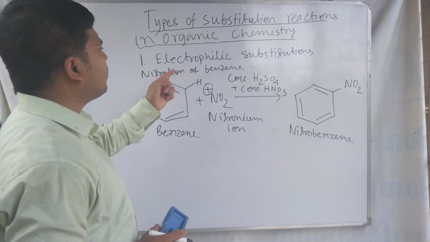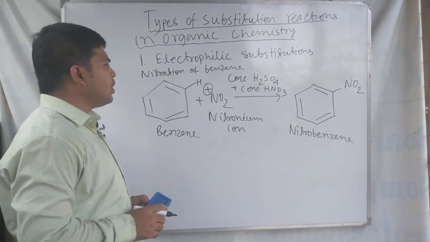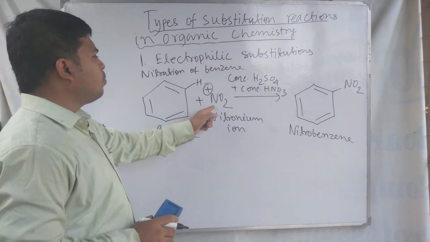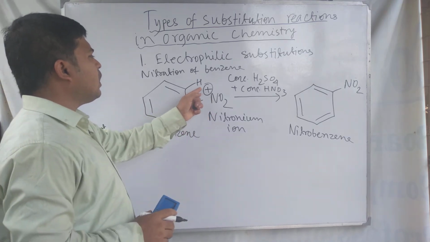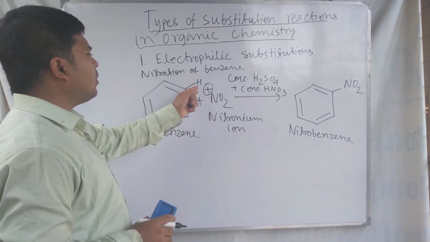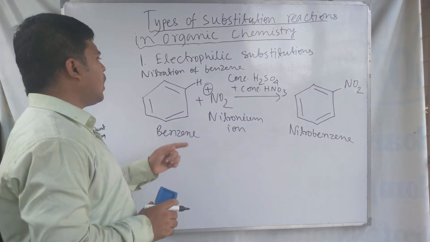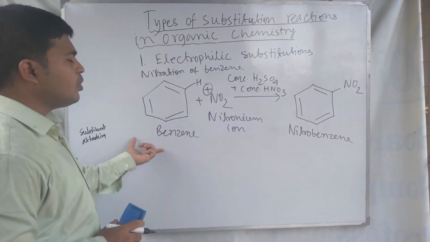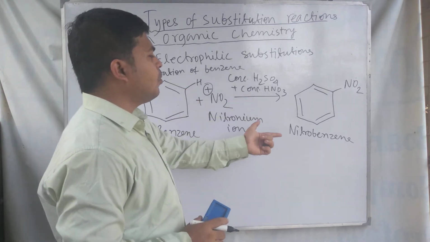Here electrophilic substitution is occurring because NO2 plus is an electrophile, and the electrophile substitutes the hydrogen atom of the reactant molecule benzene to form nitrobenzene.